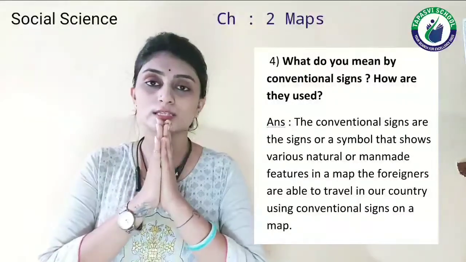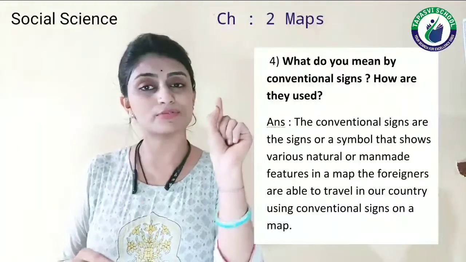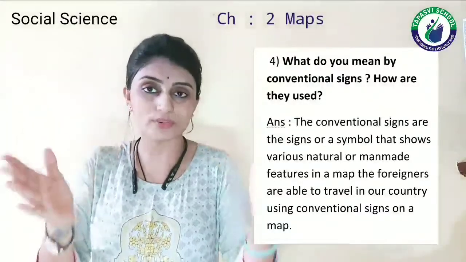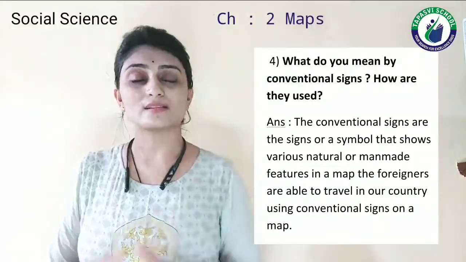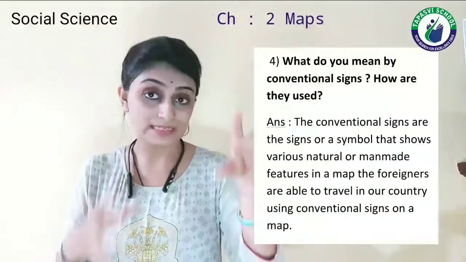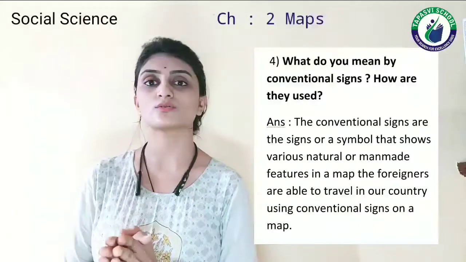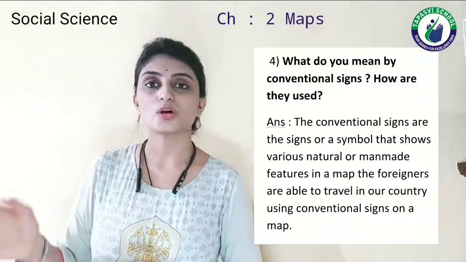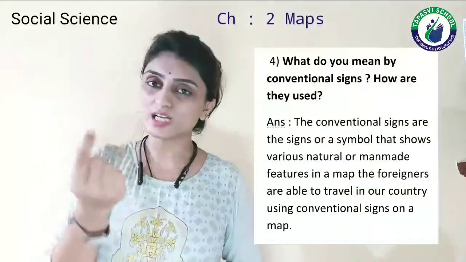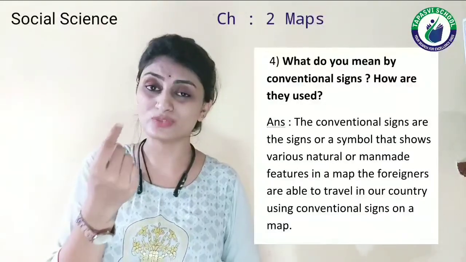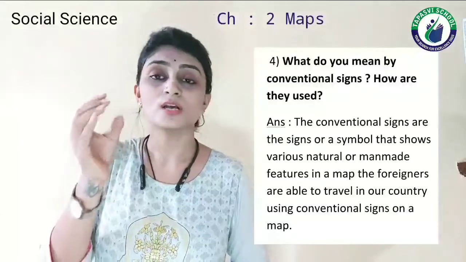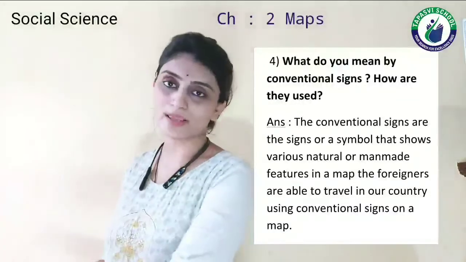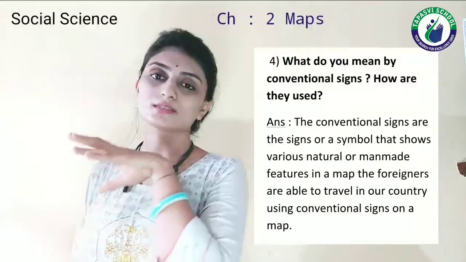If there's an ATM, there's a different sign for ATM, so we get to know that at that place there's an ATM. If there are any shops or medical stores, they have a different conventional sign, a different symbol drawn on the map, and because of that symbol we get to know that at that place that particular thing is there.